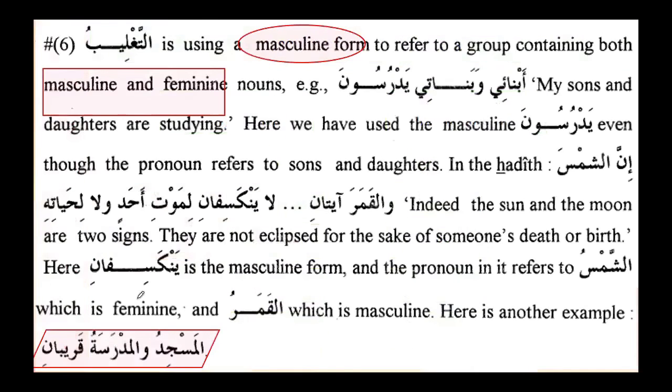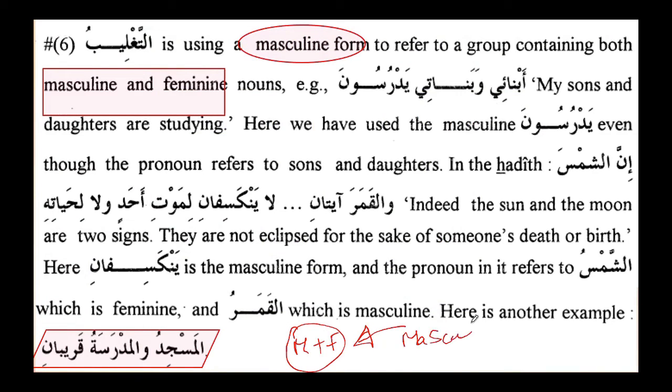This is not very complicated. All this is saying is that if you are referring to a group, and there is masculine and feminine in the group, you use masculine.